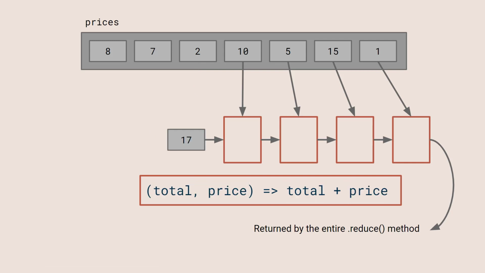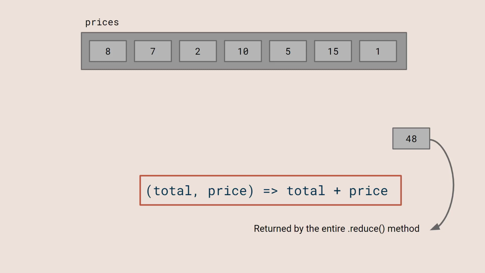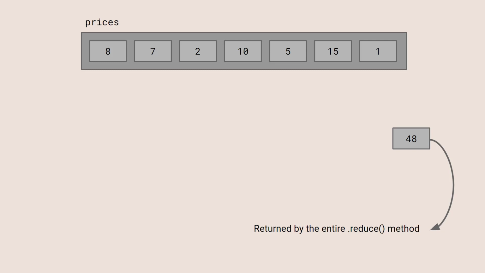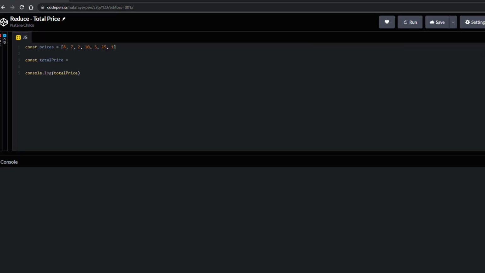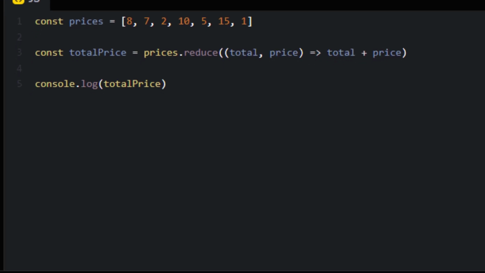That is what is returned. And again, it is passed into that next call. And we get 27, 32, 47, 48. And 48 is returned by the entire reduce method, which is the total of all of the prices. So we successfully took an array of prices and reduced it down to a total using the reduce array method.